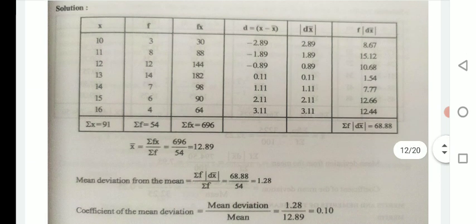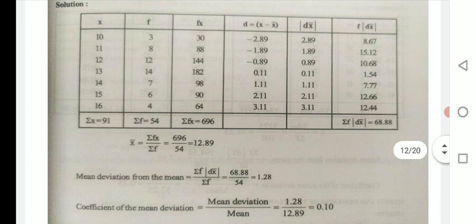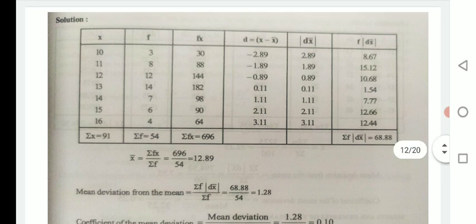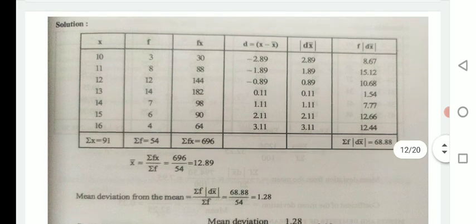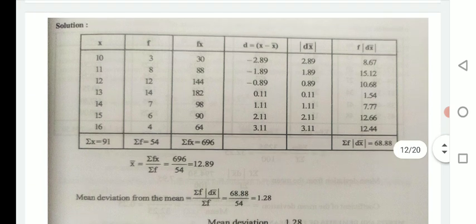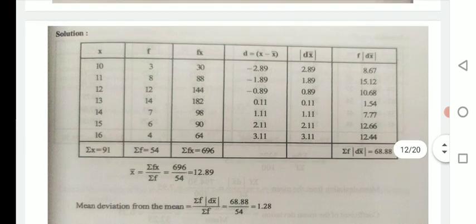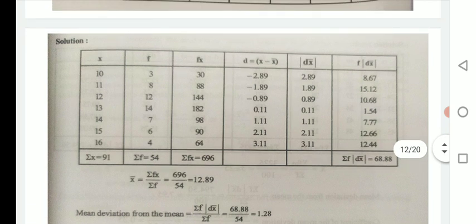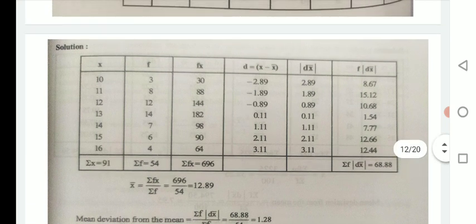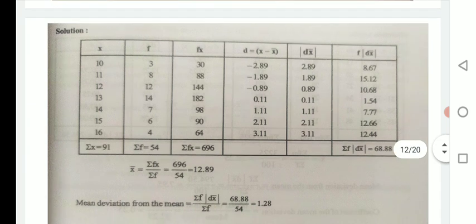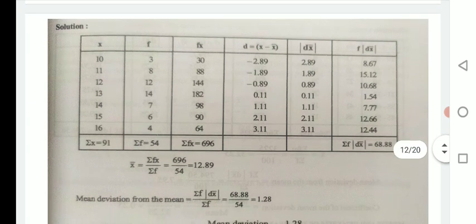Similarly you have to find out for other observations, and next you have to find out dx. The columns d and dx have the same readings, you just have to eliminate negative signs. Then finally you have to find out f dx, so again you have to multiply frequency by dx value, and sum up.